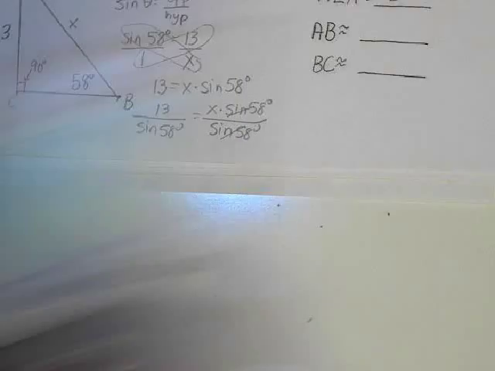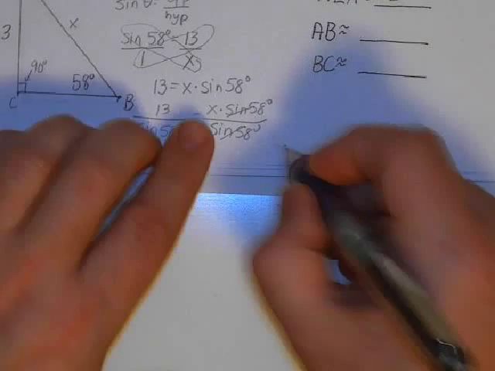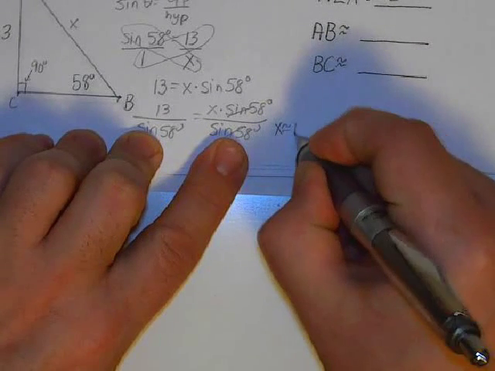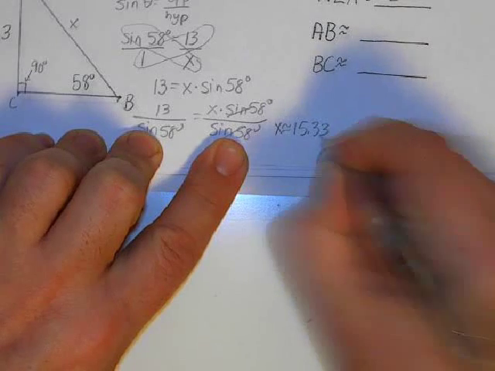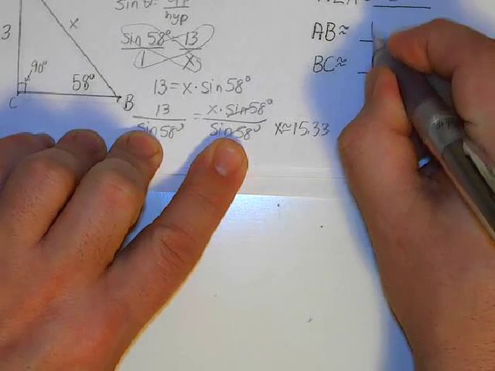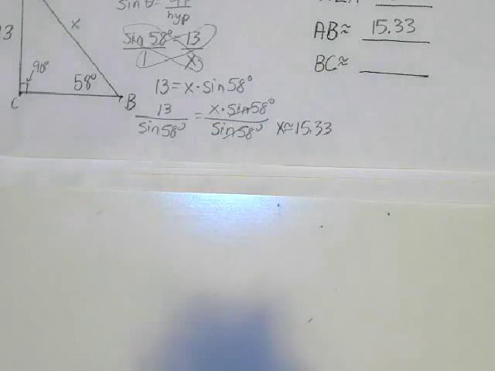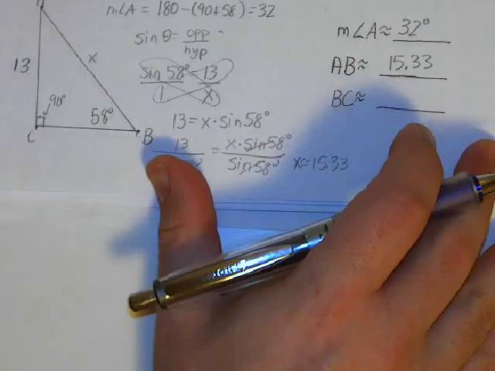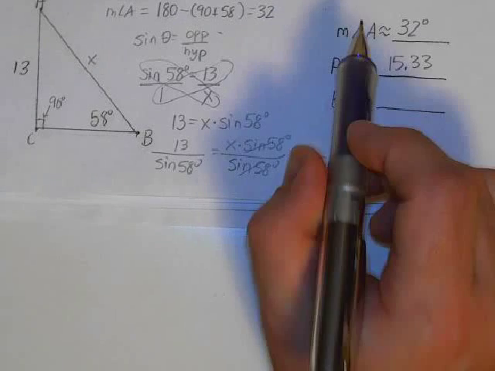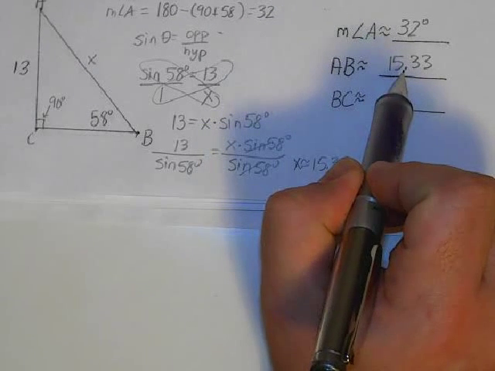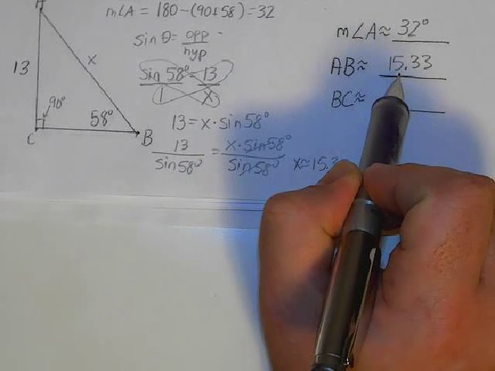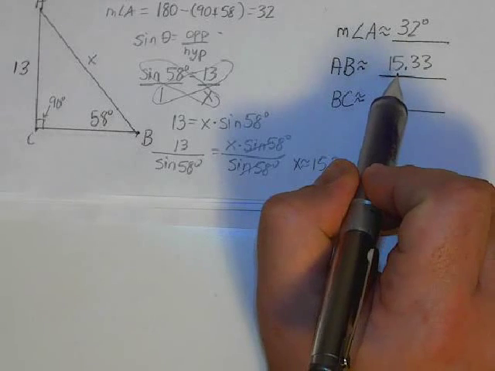And we get about 15.33. Now remember that the hypotenuse is the longest side of the triangle. So if you got a number less than 13 for AB, you should automatically know that you made a mistake.